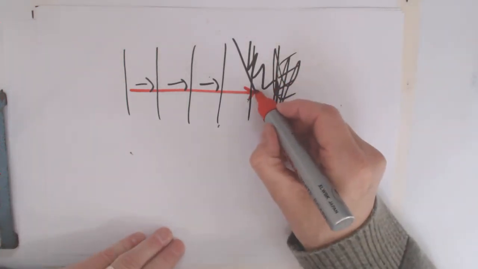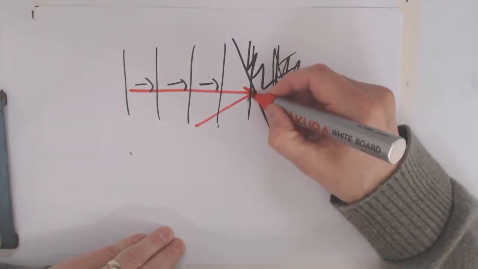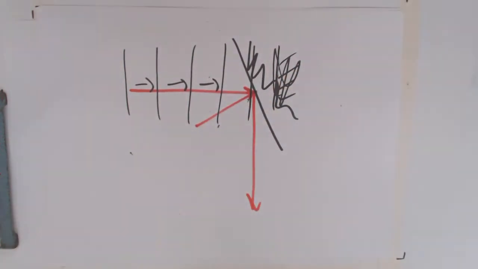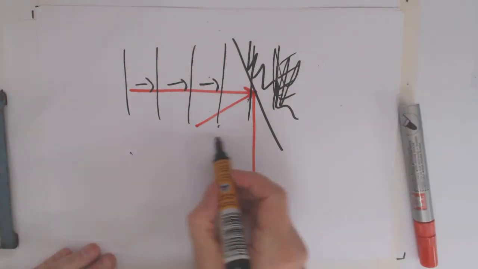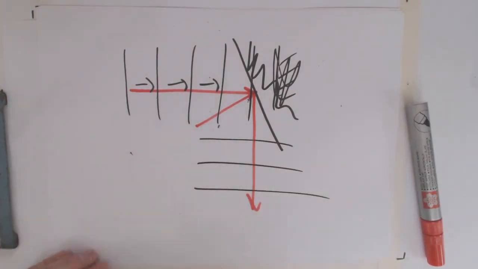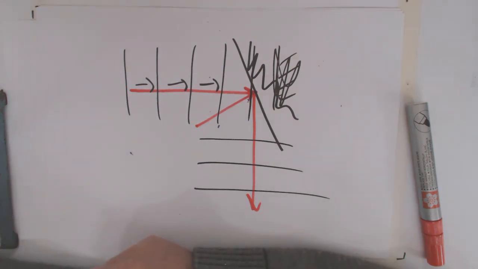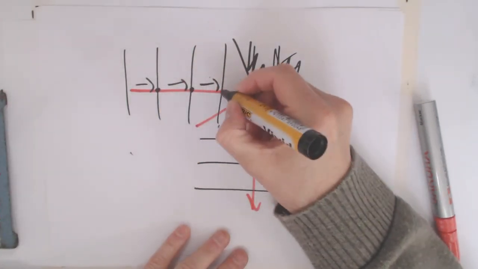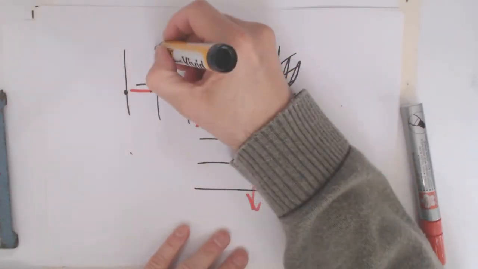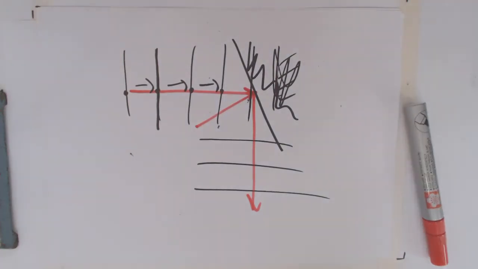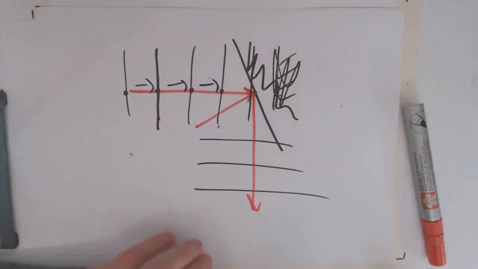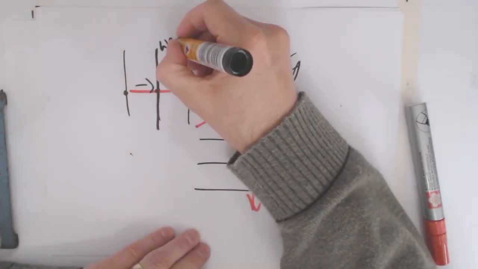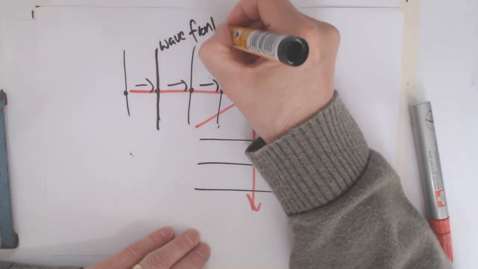So again, we can work out our angle, and they're all going to bounce off the wall like that. So you get the same thing with water waves and sound waves. When I drew these, I call these my crests, if you like, and this whole thing would be the crest of the wave coming towards the beach, and it is called a wave front.